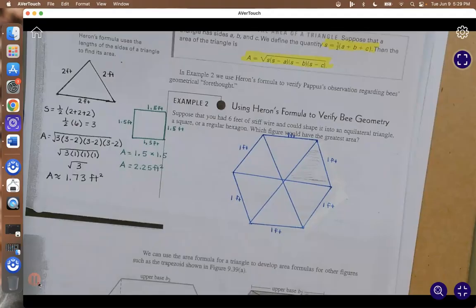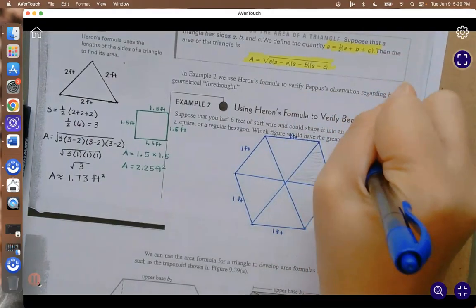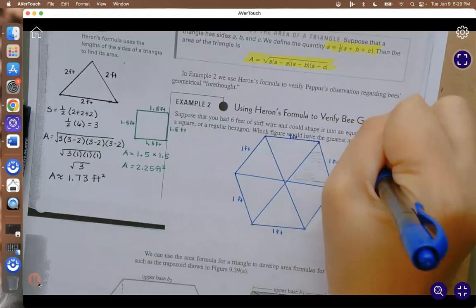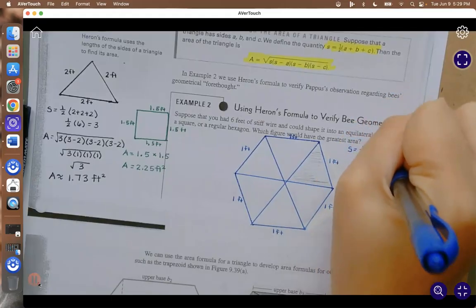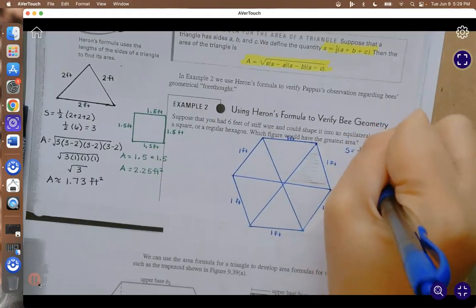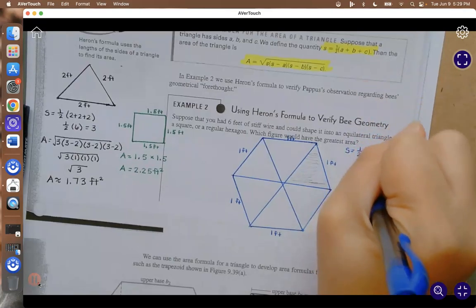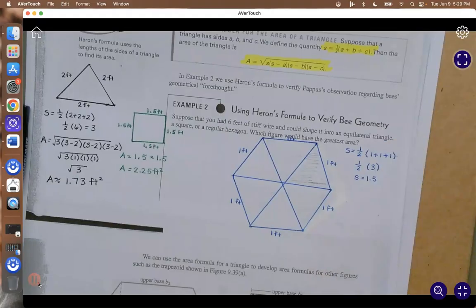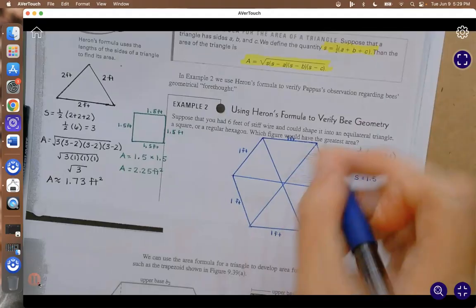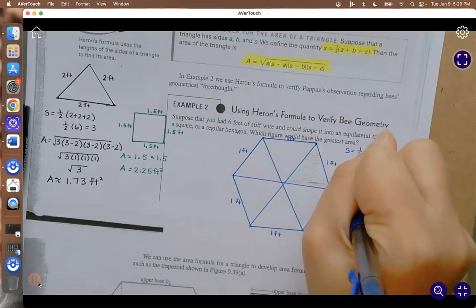All right. So we're going to do S equals 1/2 of 1 plus 1 plus 1. So 1/2 of 3 is 1.5. Okay, so that's our S. Now, there are 6 of these triangles, so we're going to take whatever we get for the area and multiply it by 6.